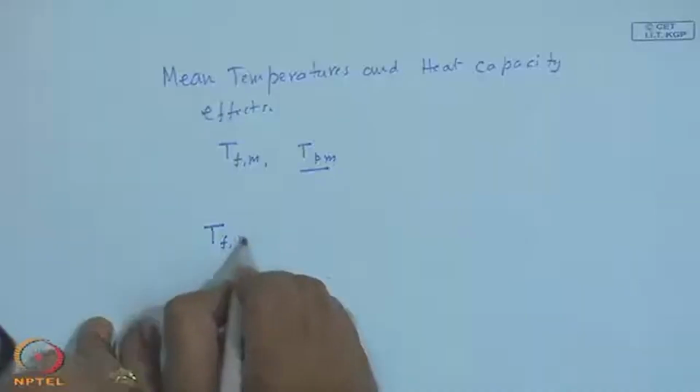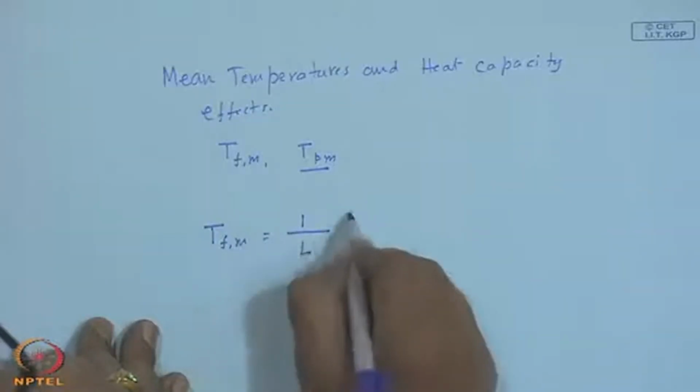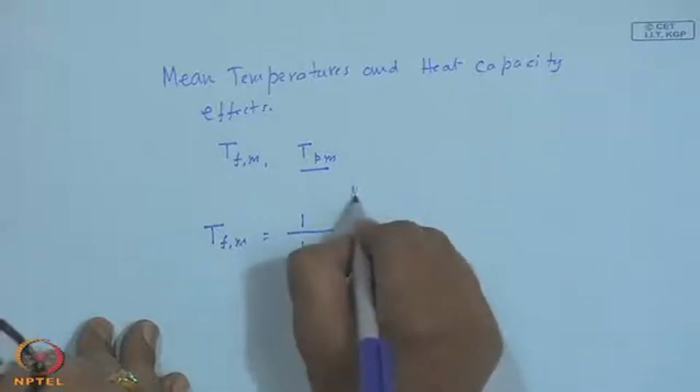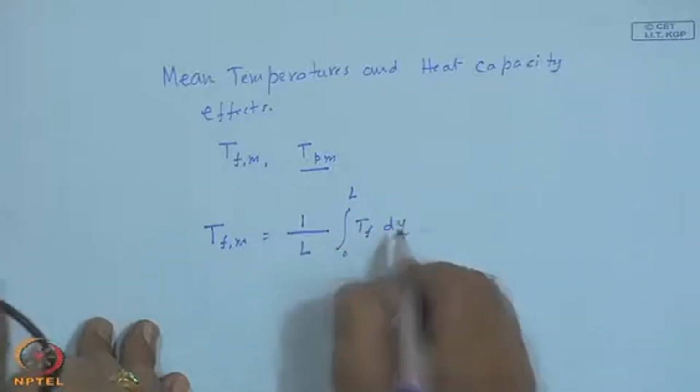So, the mean fluid temperature is simply 1 upon the length of the tube integrated over 0 to L of T f dy.